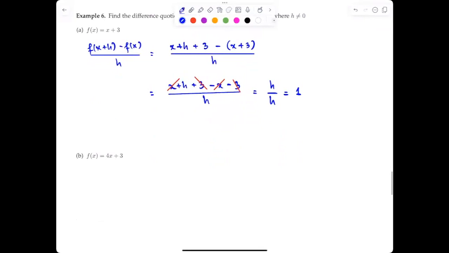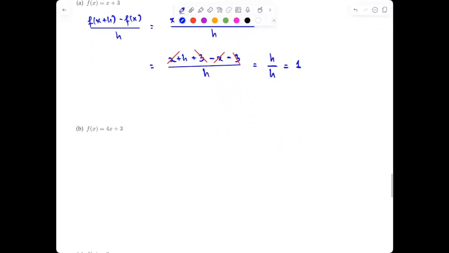All right. So now I'm going to do a similar problem. f of x equal to 4x plus 3. I'm going to write down the formula again: f of x plus h minus f of x all together divided by h. So this is the difference quotient.